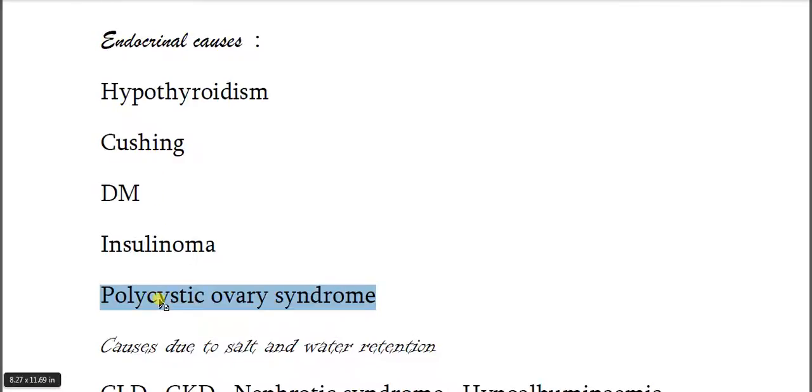We know that polycystic ovary syndrome can come in the form of weight gain, acne vulgaris, abnormal hair growth and irregular menstrual cycles. So most of the symptoms you asked in Cushing already. No need to repeat it.